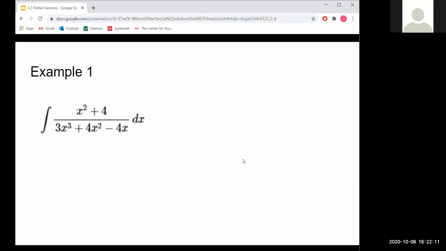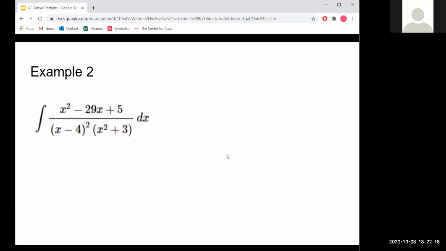All right, so we just did example 1. Let's look at the next example. So this one, yeah, let's try this one.